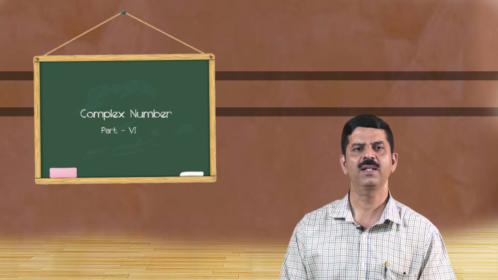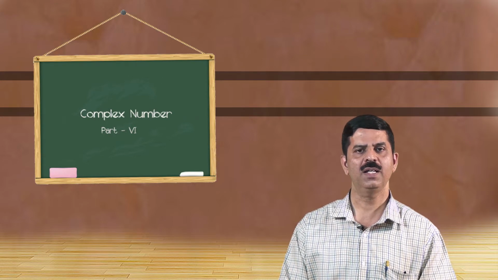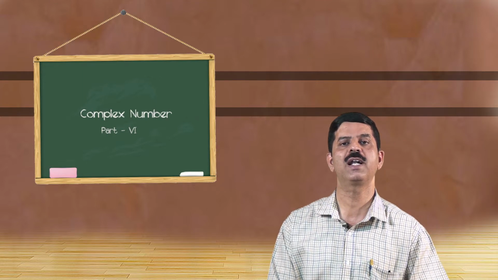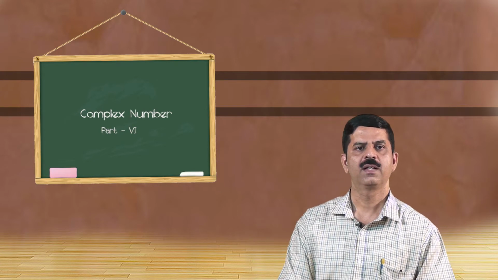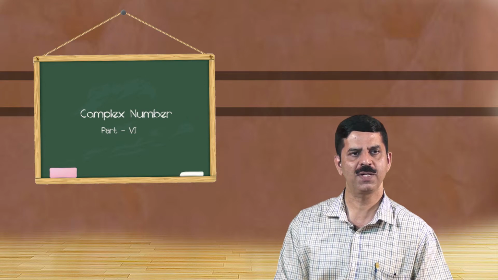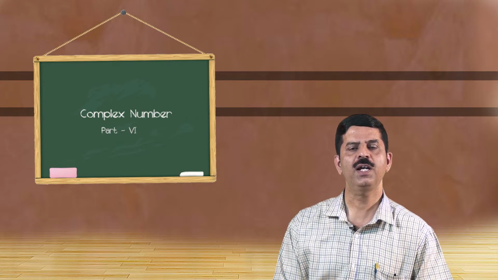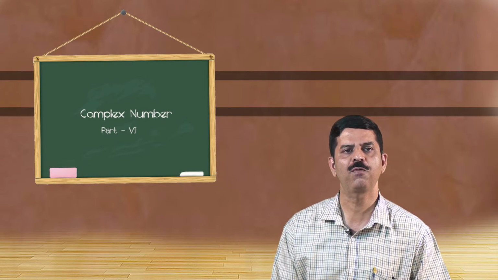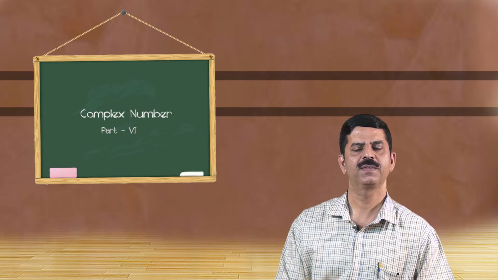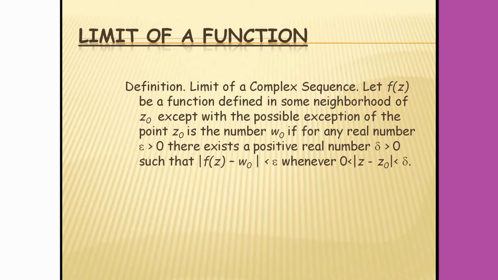In another way, you can also define the limit of a function by using the epsilon-delta definition. By the definition, for a given function f of z, we define it with the help of a neighborhood of a point. Given a function f of z, you take a neighborhood, say of z naught, except possibly at the point z naught.